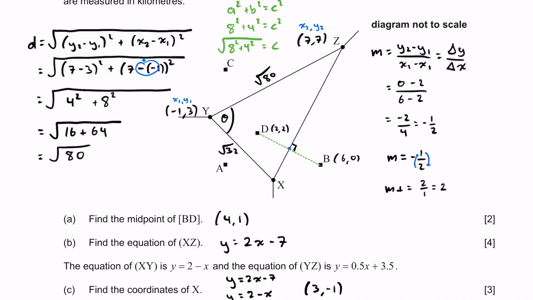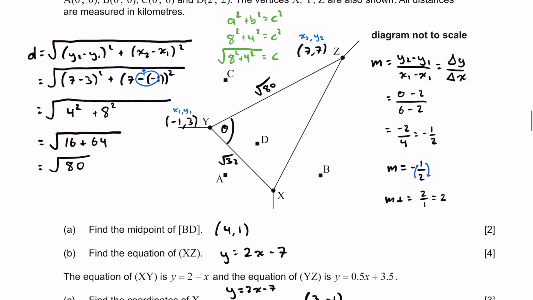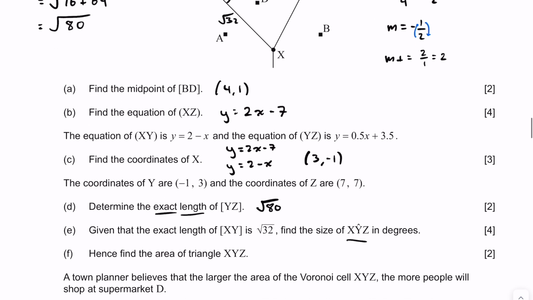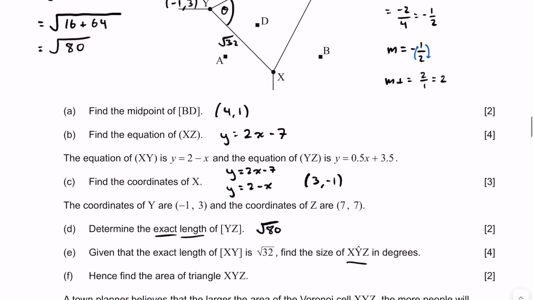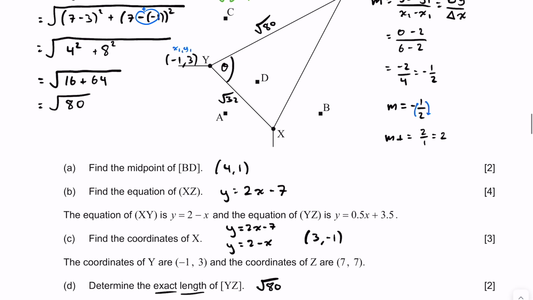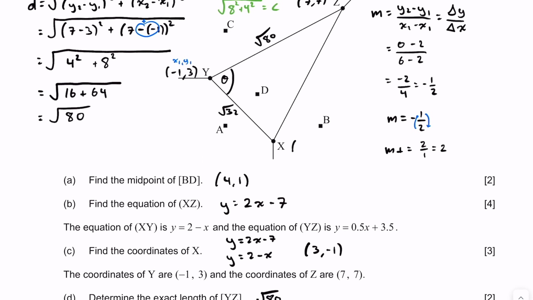So let's do that. Let's use the Pythagorean method because I think that's a little quicker. So what is point X? Did they tell us what X was? I thought we had the coordinate of X, 3, -1, we found it earlier. So 3, -1.